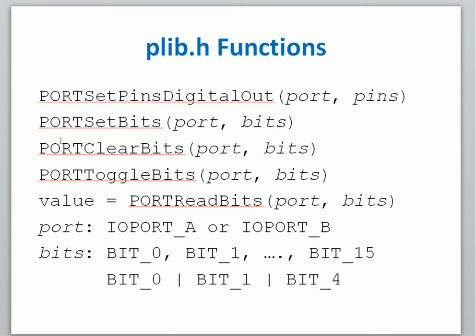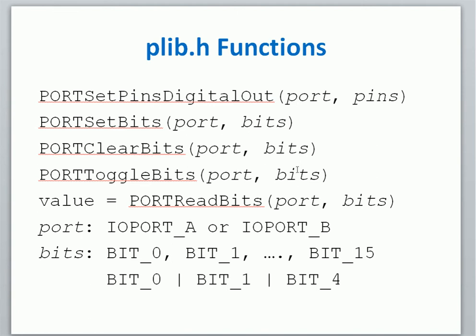Once they're digital outputs, you can either set the bit, remember in computer terminology, set means set to high, right? So turn it to 3.3 volts. And clear means set it to 0. So set bits is the command we would use to turn a pin on, and clear would be to turn it off.